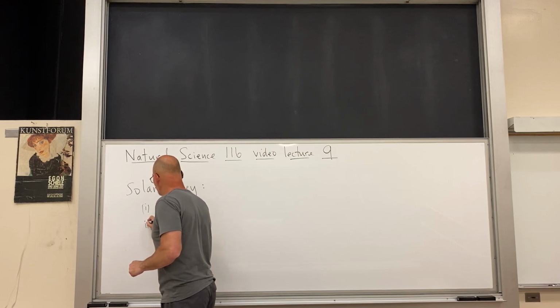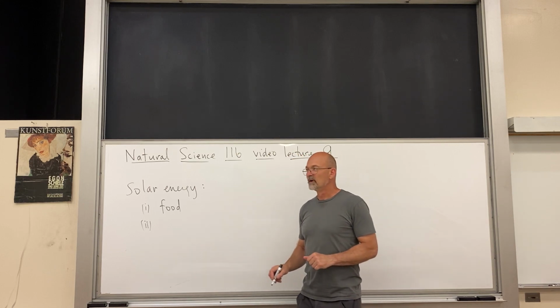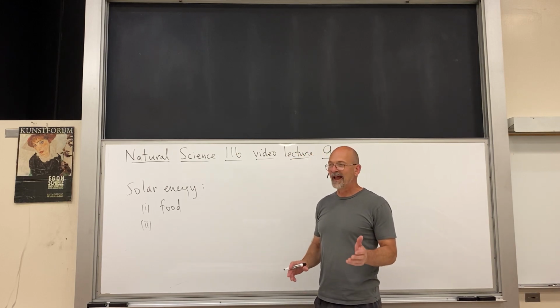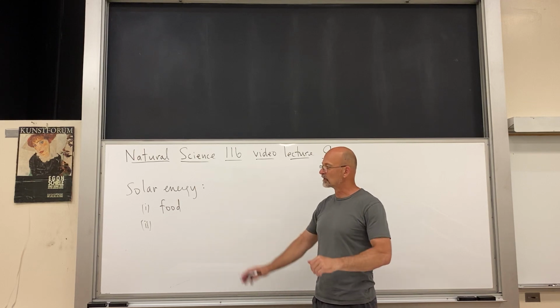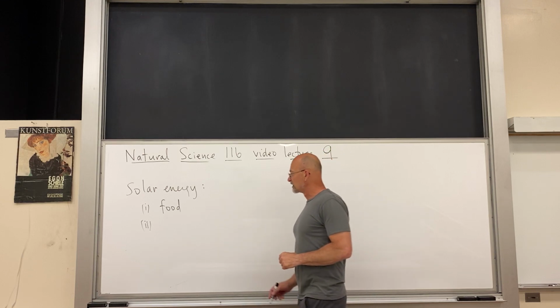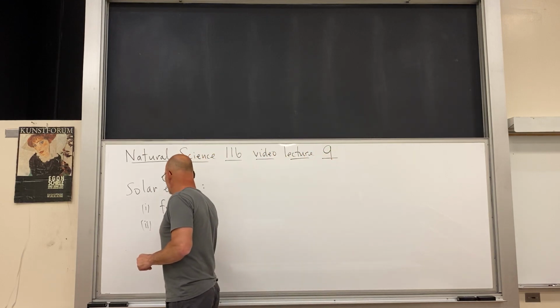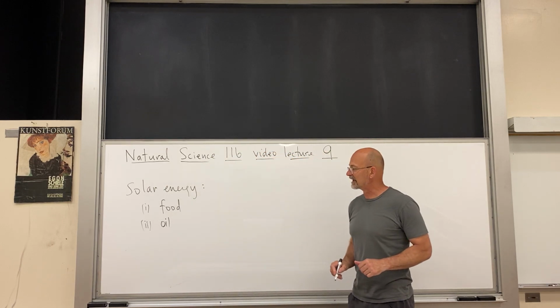In as much as so-called fossil fuels are, oil and stuff comes from ancient plant matter that was converted into oil over geological time. We can also refer to oil as a form of solar energy, although that's usually not what we mean, right?